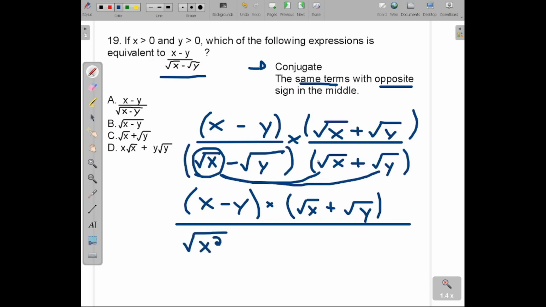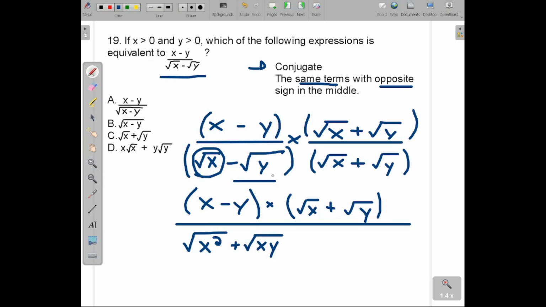The square root of x times the square root of x is the square root of x squared. Now for the second term, the square root of x times the square root of y plus the square root of x times y.